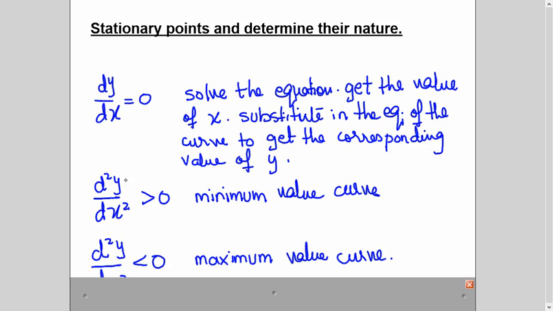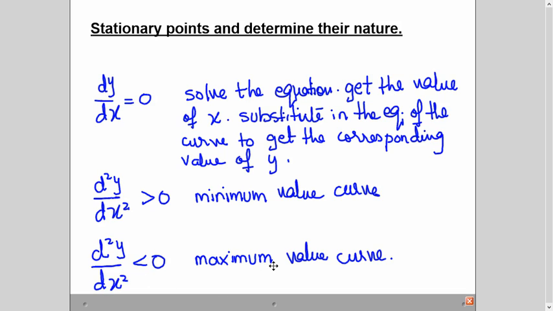They differentiate again, and the value of x they have gotten from here, they plug into that double derivative equation. If the answer is positive, greater than 0, it is identified as a minimum. Whereas if the answer comes negative, it is a maximum.